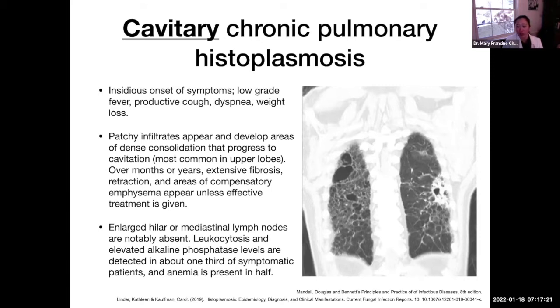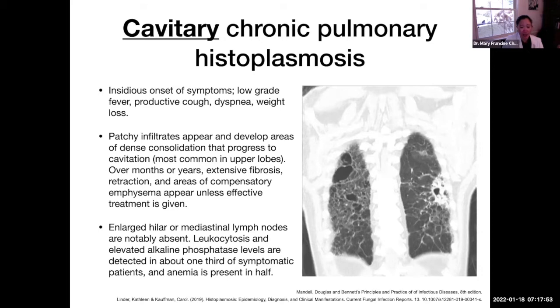On radiographs, you will see patchy infiltrates that can develop into areas of dense consolidation that then progress to cavitation. When they do cavitate, it usually happens in the upper lobes, and this can happen over months or years. There could be formation of extensive fibrosis, retraction, and areas of compensatory emphysema unless effective treatment is given.